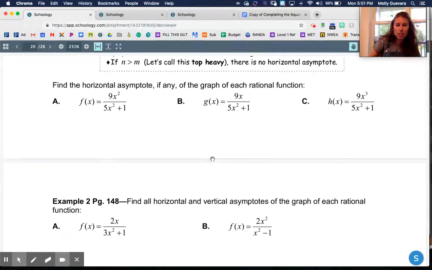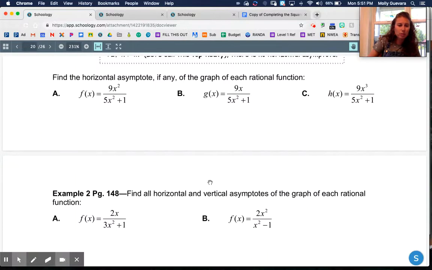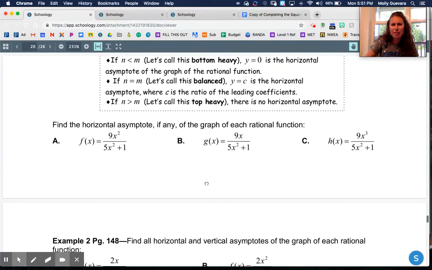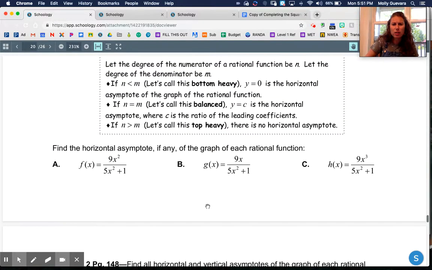So let's look at these 3 examples and see if we can figure out, is it balanced? Is it bottom heavy? Is it top heavy? What does all that mean? Okay, so in this case, the highest degree on the top is a 2, right? And then the highest degree on the bottom is a 2. So since they're both a 2, this is balanced.